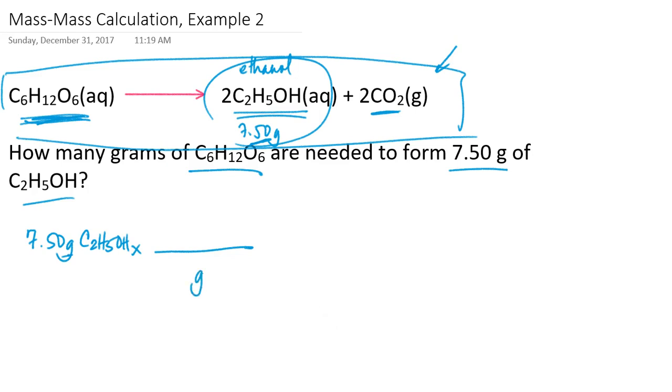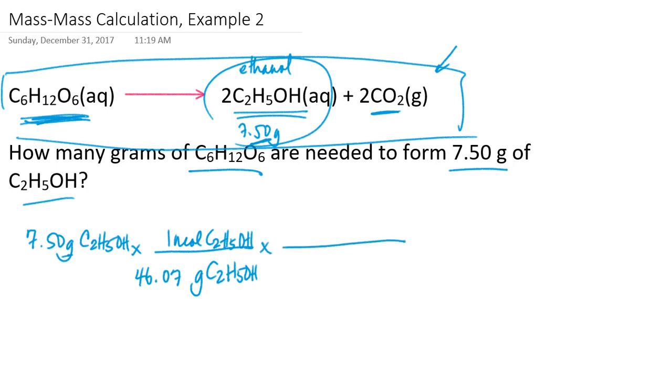So I need to convert grams of ethanol to moles of ethanol. And so, once again, I'll leave it to you to verify, but basically there are 46.07 grams of ethanol in every 1 mole of ethanol.